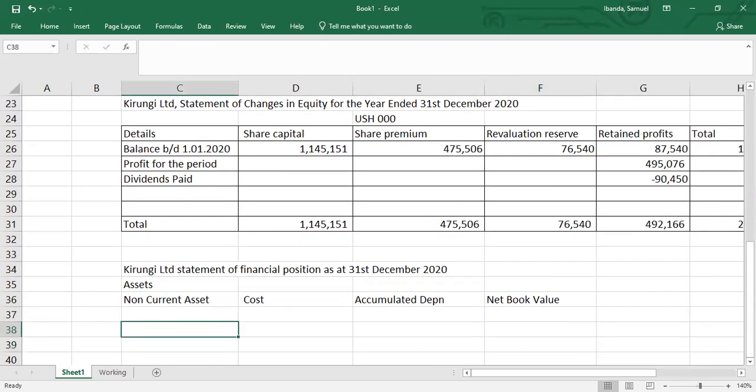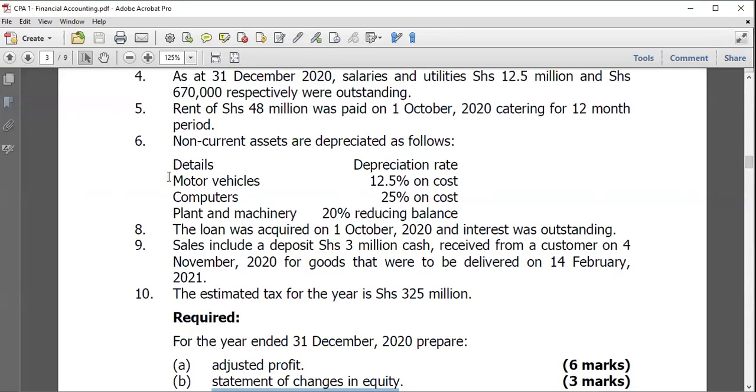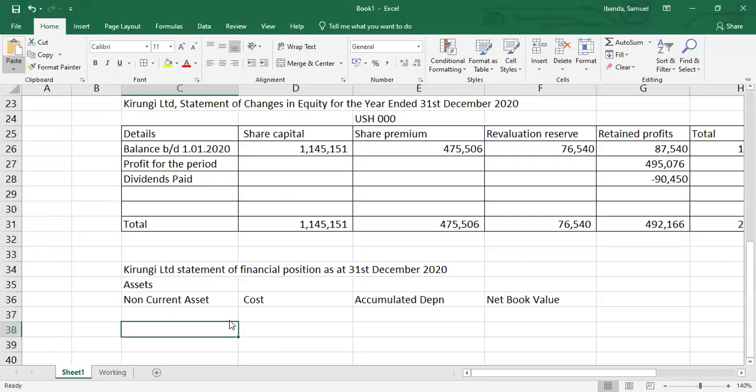So from the information given, I'll go ahead to look out for which assets I have. Remember we have the motor vehicle, machinery, and computers as provided here. Okay, so I'll just copy a little of this so that we can speed up.